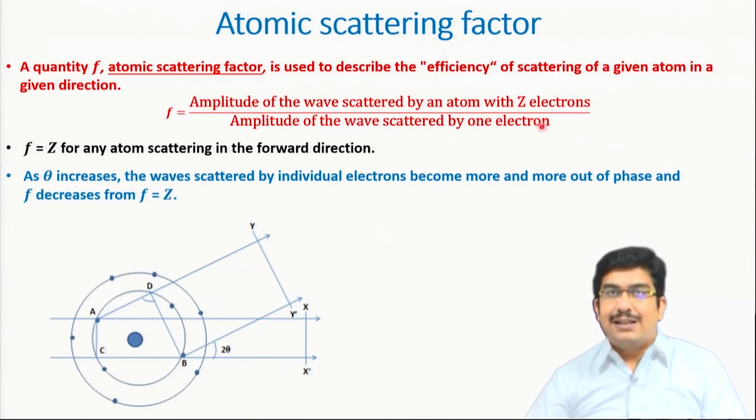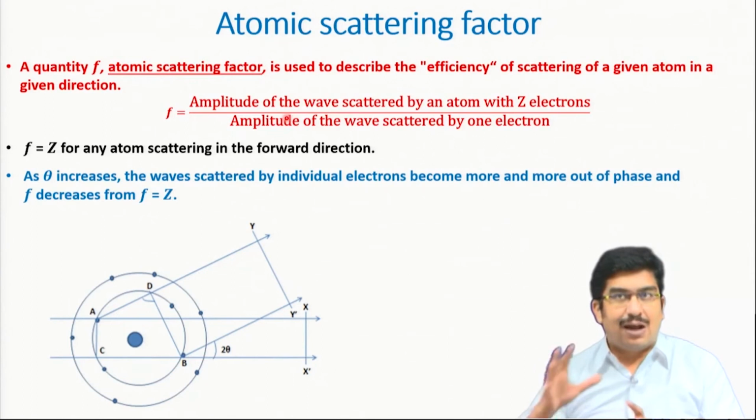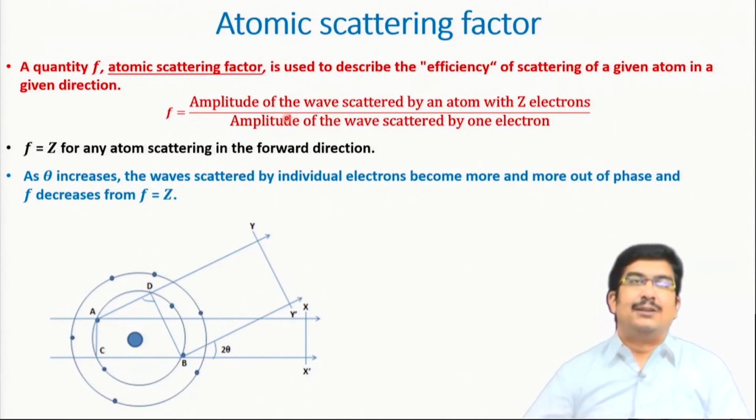That is the atomic scattering factor. Of course, in this relationship we are taking the direction into account as well. Now, the point is how the direction comes in. It is simply by taking the ratio of these amplitudes.